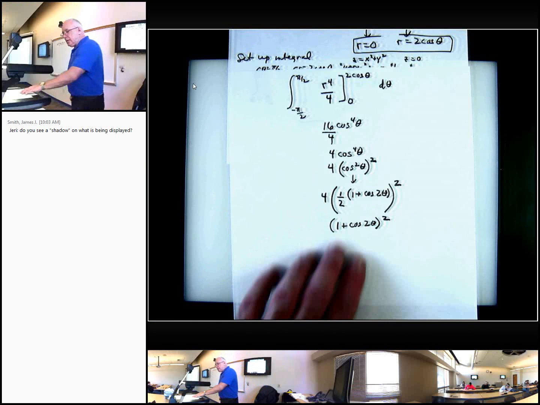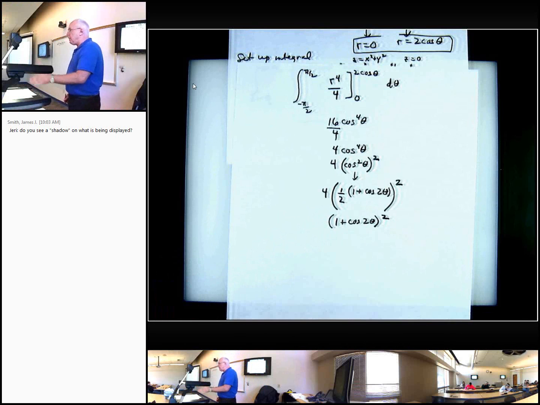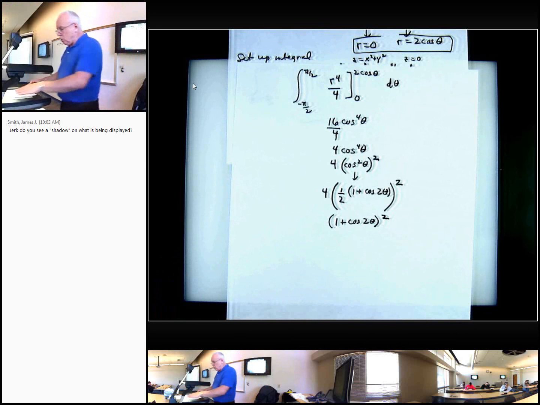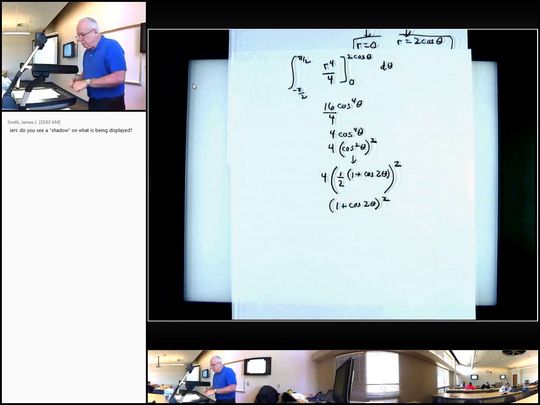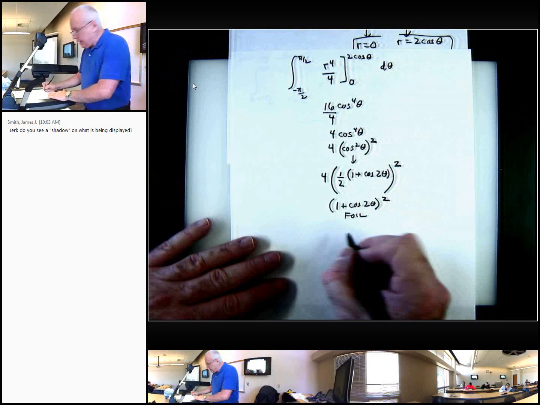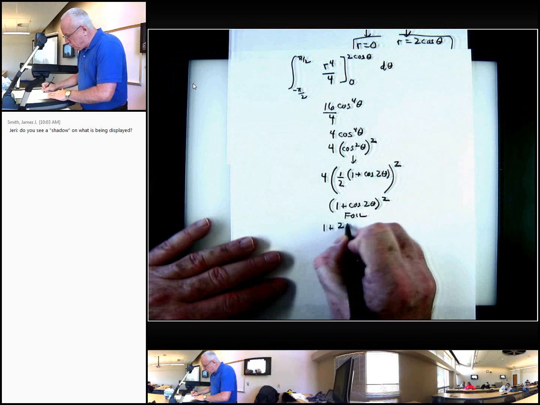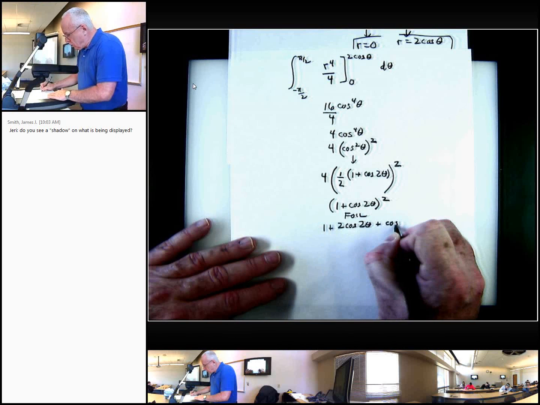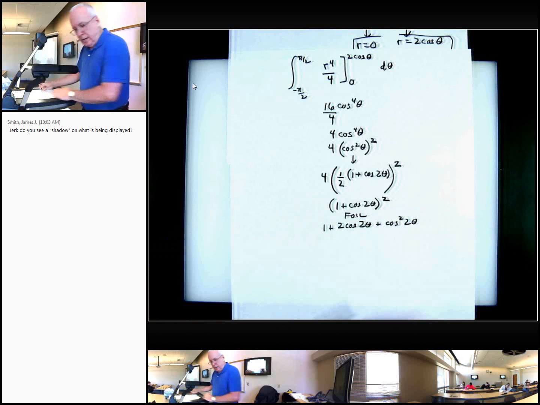Now with this thing, I'm going to have to first of all FOIL it out in order to work with it. So let's FOIL, and I get 1 plus 2 cosine of 2 theta plus cosine squared of 2 theta.